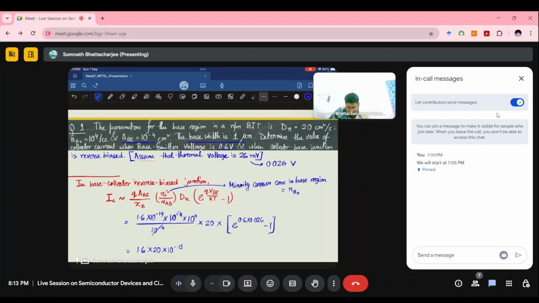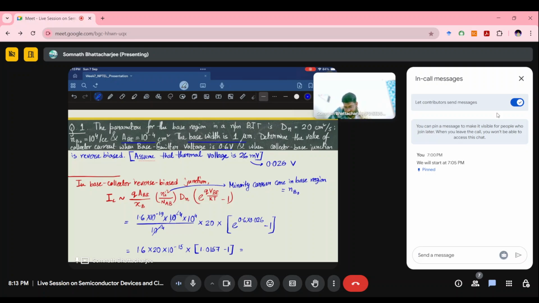10 to the power minus 15 multiplied by 1.0157 minus 1. So the final value would be minus 1. So it's like this, multiplied by 1.6 multiplied by 20 multiplied by 10 to the power minus 15.